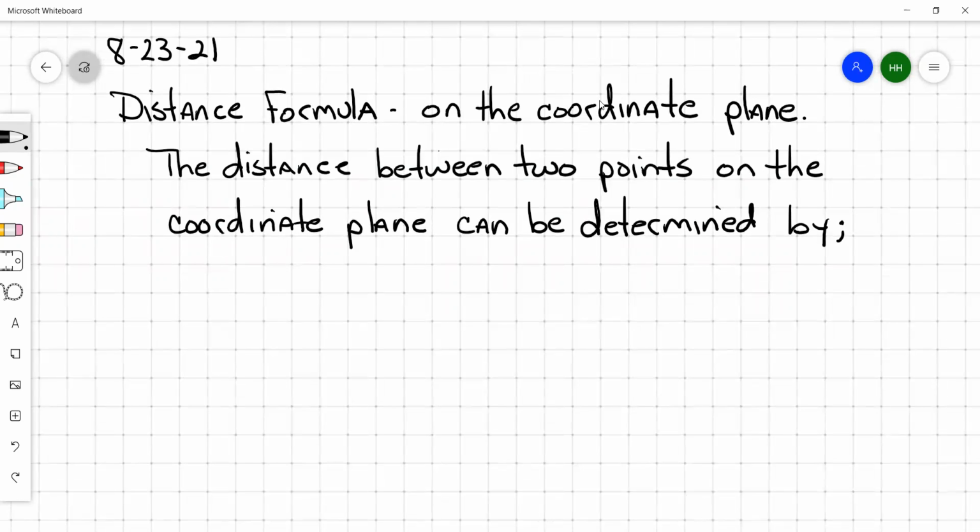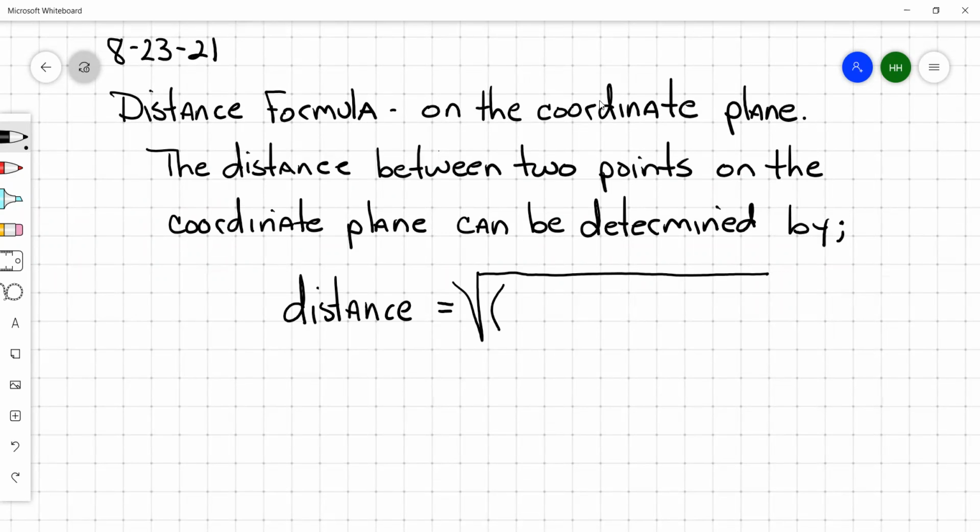And we're going to say that distance between 2 points is equal to, all right, big square root of, in parentheses, x sub 2 minus x sub 1 squared plus y sub 2 minus y sub 1 squared.